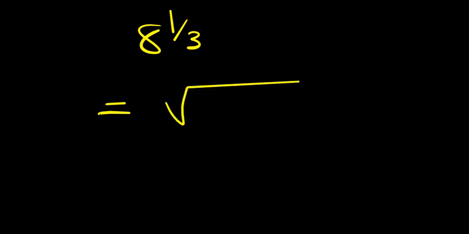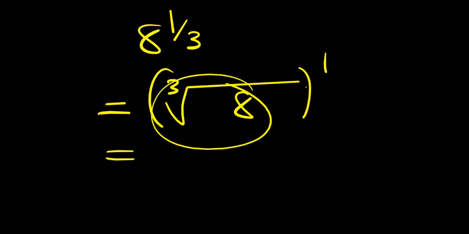Let's say 8 to the power 1 over 3. Since it's 8 to the power 1 over 3, the 3 becomes the root. So I'm going to put 3 there, then 8. Then what is on top becomes the power. Now you're going to find out the cube root of 8.